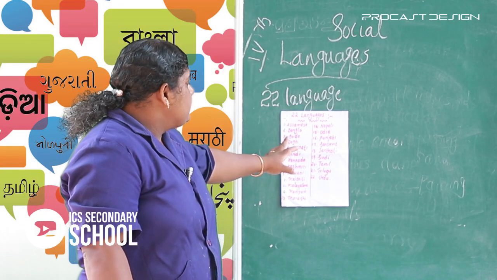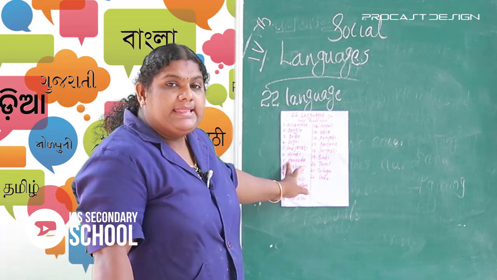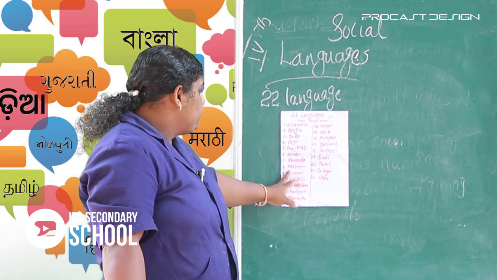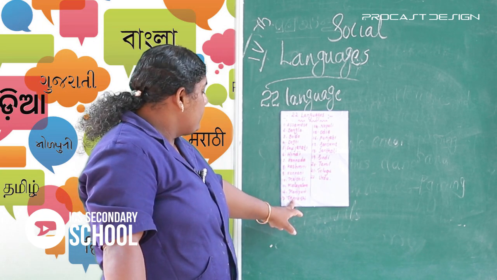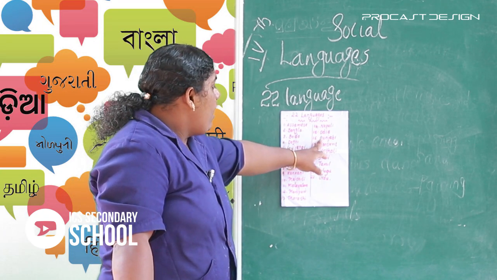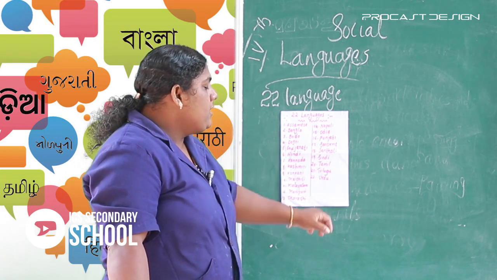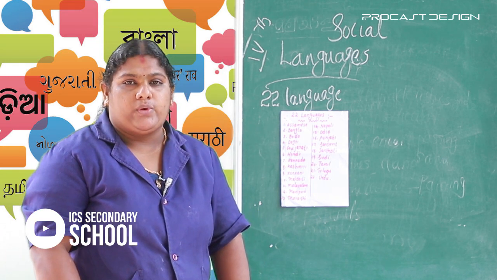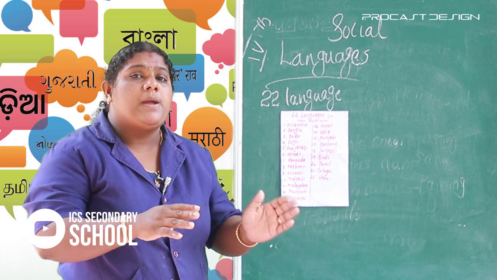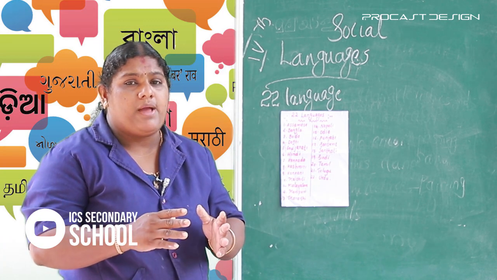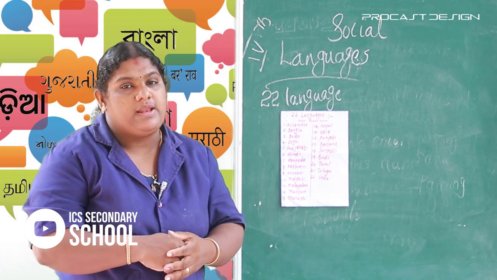They are Assamese, Bangla, Bodo, Dogri, Gujarati, Hindi, Kannada, Konkani, Kashmiri, Maithili, Malayalam, Manipuri, Marathi, Nepali, Odia, Punjabi, Sanskrit, Santali, Sindhi, Tamil, Telugu and Urdu. Most of the languages are written from left to right, but Kashmiri, Sindhi and Urdu are written from right to left.